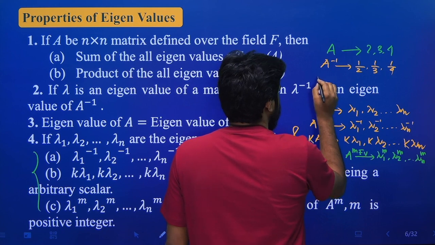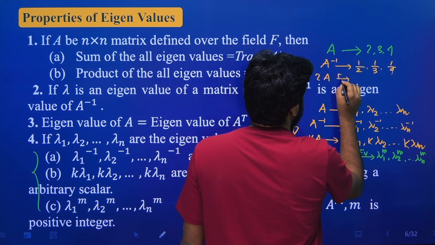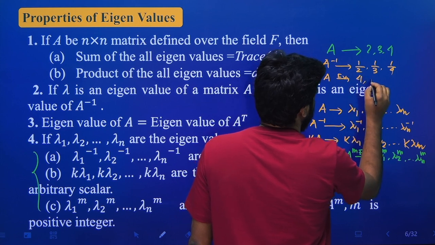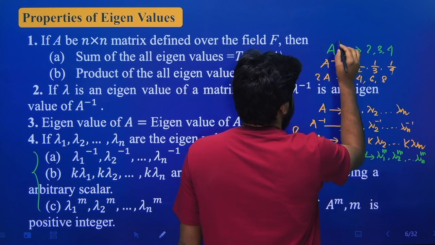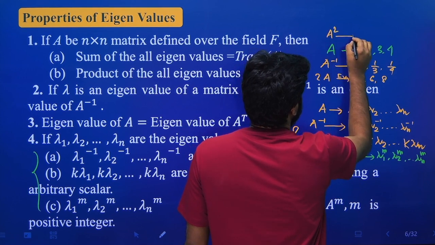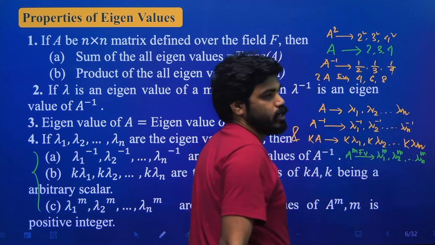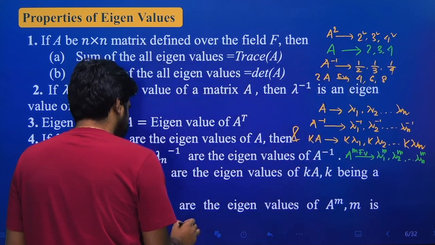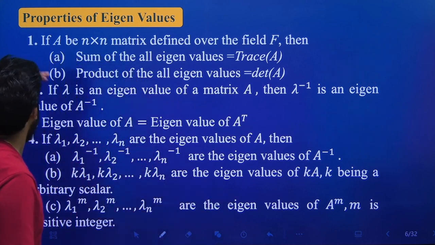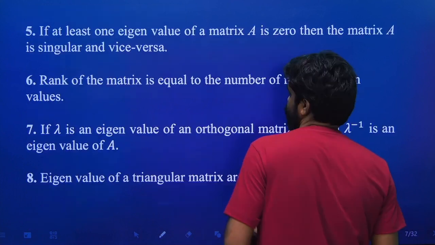Suppose you multiply by 2, then 2A's eigenvalues will be 4, 6, 8. A squared's eigenvalues will be 2 squared, 3 squared, 4 squared, that means 4, 9, 16. Okay, so these are the very important properties, 1, 2, 3, 4, of eigenvalues.